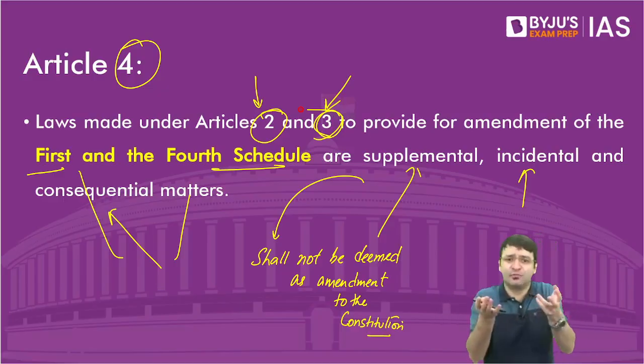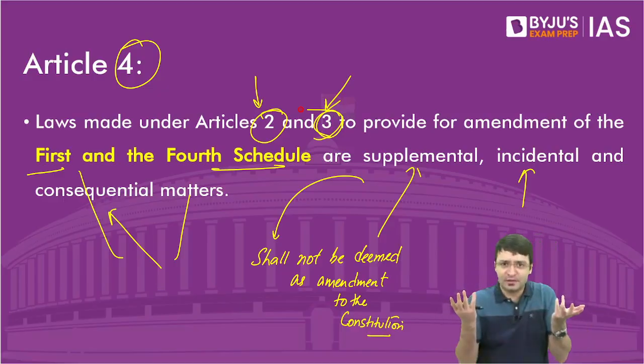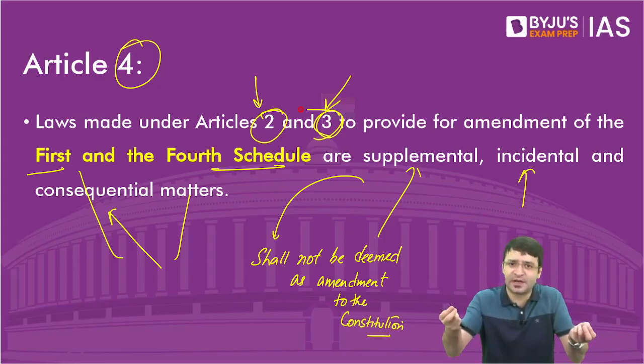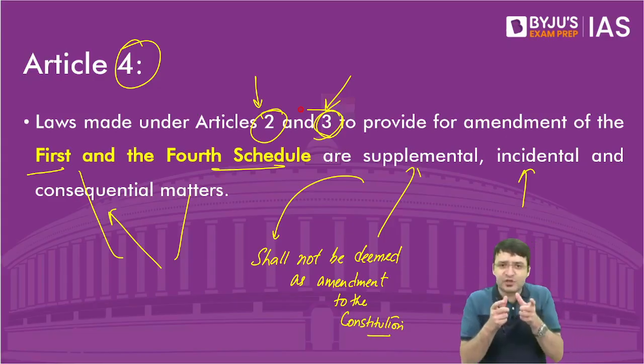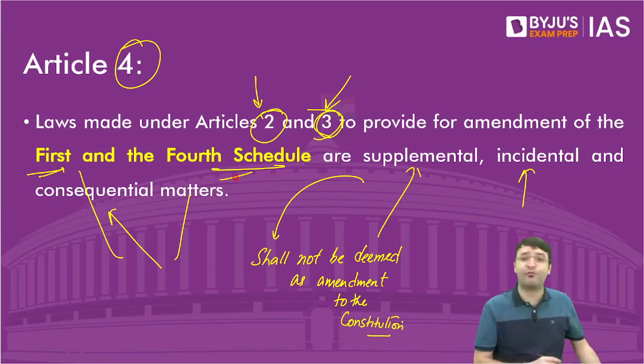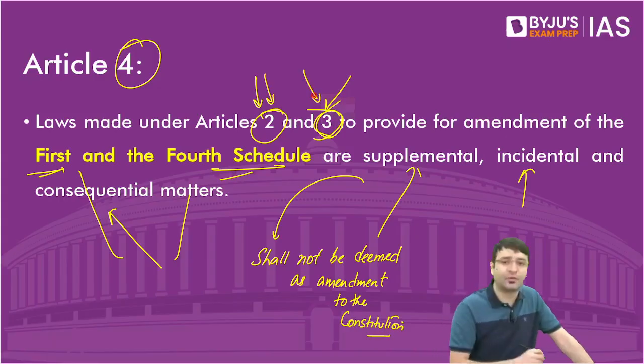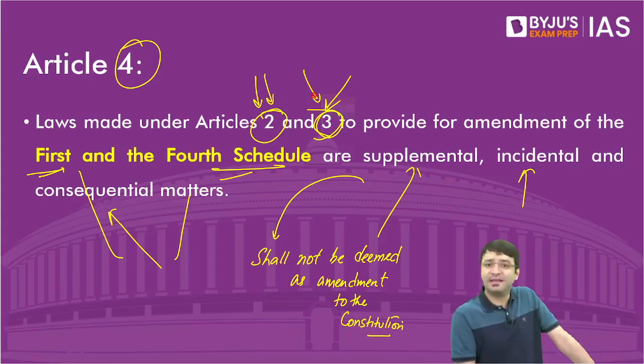Otherwise, there is no implication whatsoever. You are just creating a state, but are not mentioning its name in Schedule 1, not providing representation in Rajya Sabha. So if the parliament is passing a law under Article 2 and 3, there will be changes to Schedule 1 and Schedule 4, but these changes shall not be deemed as amendment.